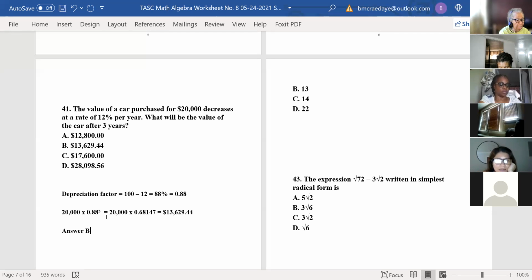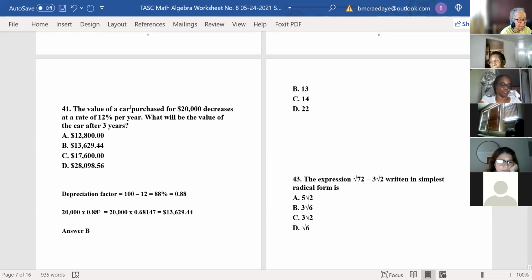We're at number 41, where we're trying to find the value of a car after 3 years of depreciation. So you first get your depreciation factor. That's the rate at which it's depreciating per year, subtracted from 100. That gives you the factor 0.88.